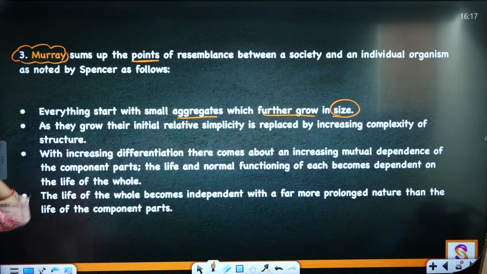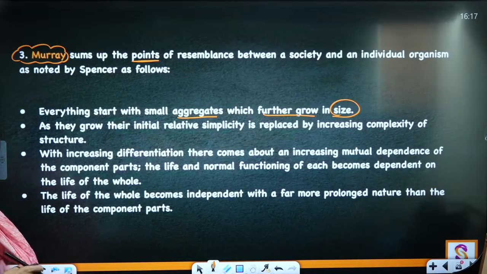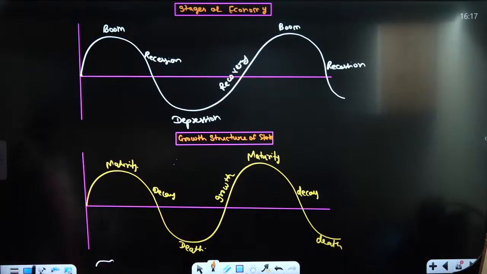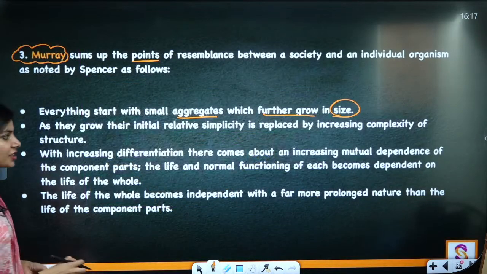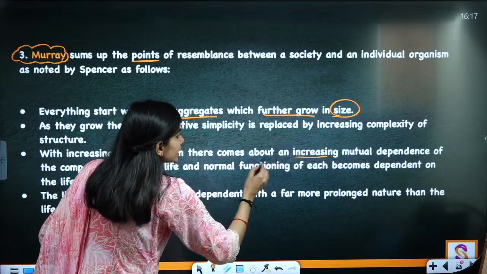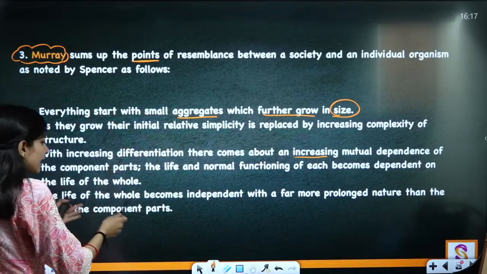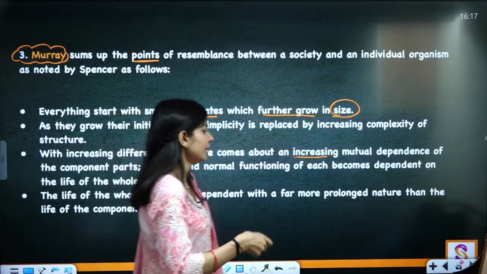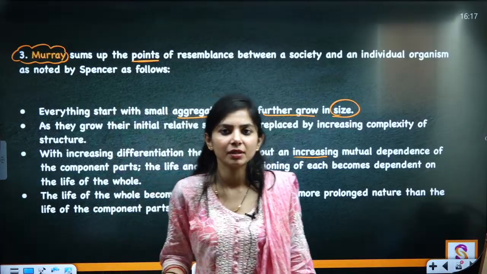Again you have some sort of simplicity, and this simplicity is replaced by increasing complexity. Again it leads to differentiation, and this differentiation brings about increasing mutual dependence. Then the life of the whole would become independent after a prolonged time period.